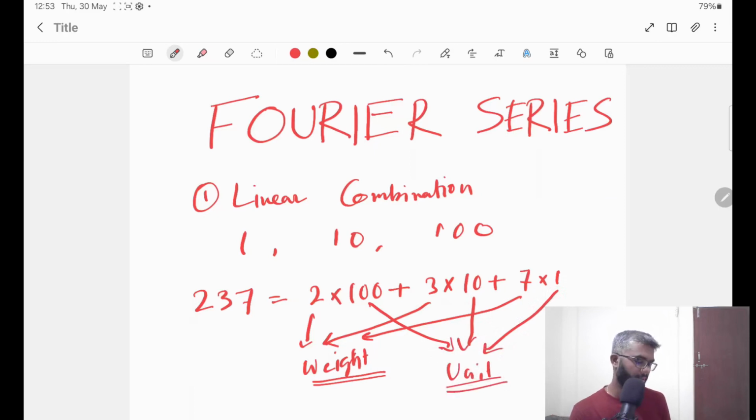So basically we have a couple of units, we take those units in a combination, in this case 237, and finally we get this price. By the way, using these coins 1, 10, and 100, you can create any price from 0 to 999.